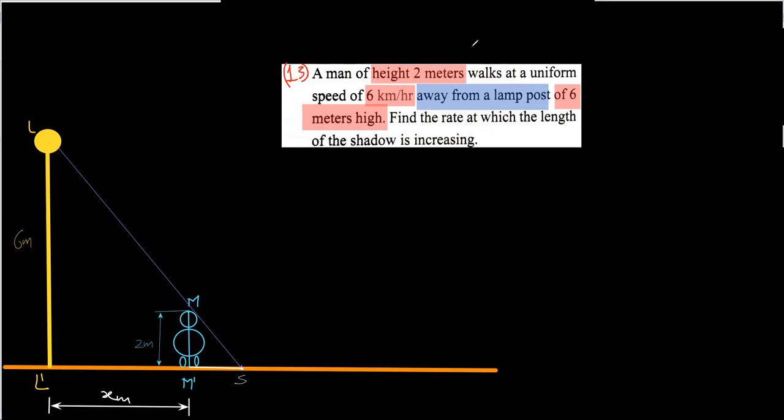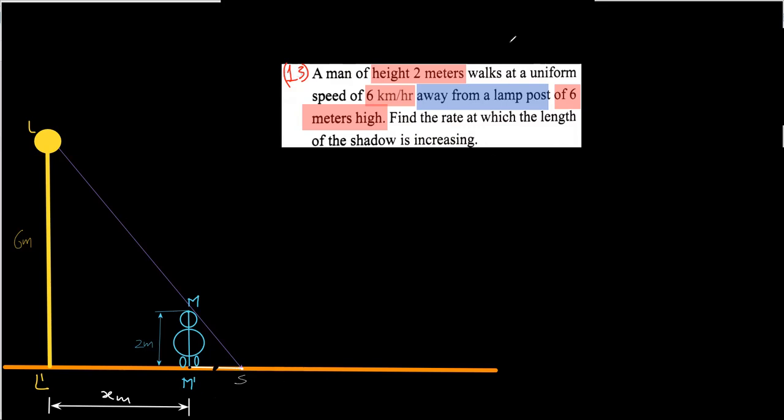Try to understand, when the man is walking, this x is changing. If the man is at M dash, then its distance is x. The next moment when the man is here, this x has increased. So as the man walks away from the post, x is changing.